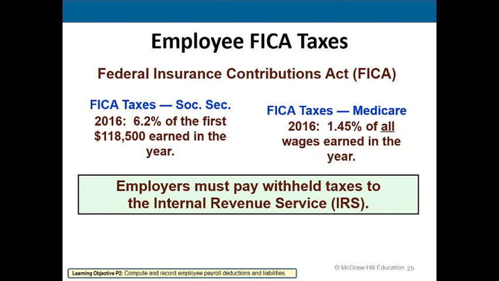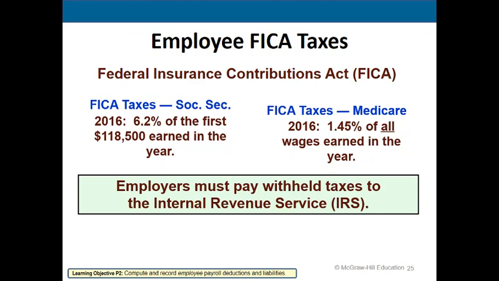Now, for the Medicare portion of FICA taxes, you must deduct 1.45% of all of an employee's wages earned in the year, and there's no cap on it. It's applicable to all wages earned by each employee.